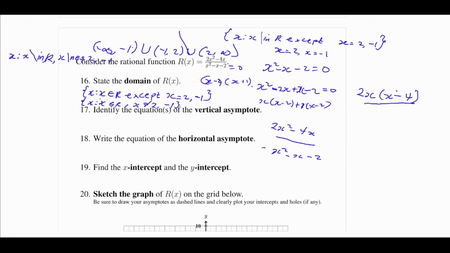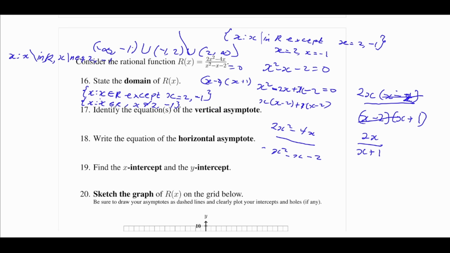Now we have already factorized, so here will be 2, so 2x, x minus 2, and then x minus 2, and then x plus 1. Now x minus 2 can cancel x minus 2, then we'll have 2x over x plus 1.